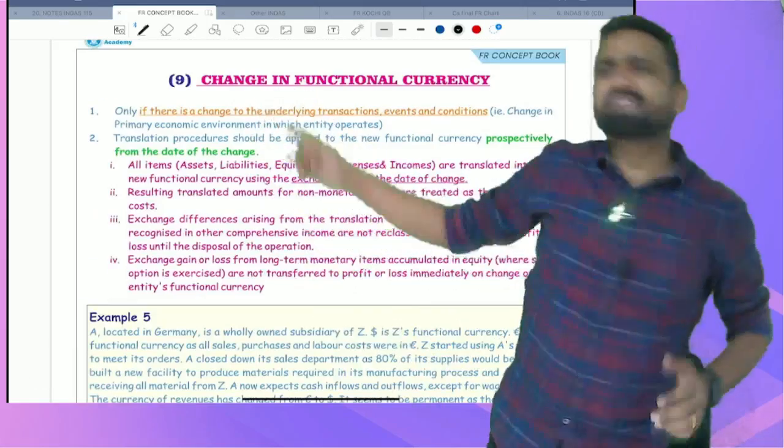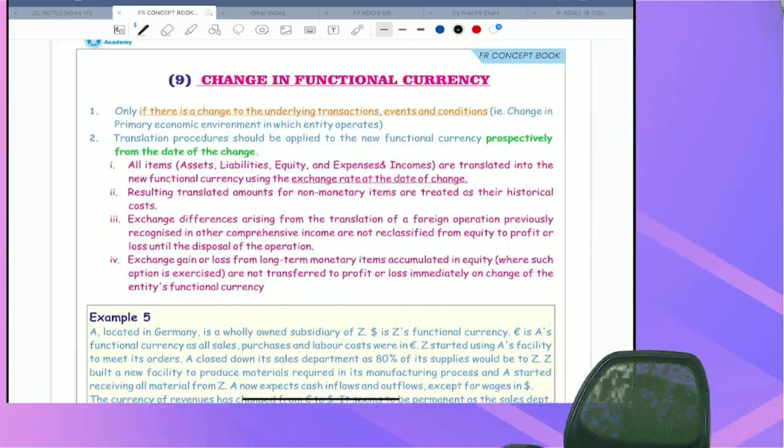Change in functional currency. Can we change our functional currency? Generally, no, because our primary economic environment is the same. But if our primary economic environment changes, if our dependency shifts from one currency to another, then we can change the functional currency.